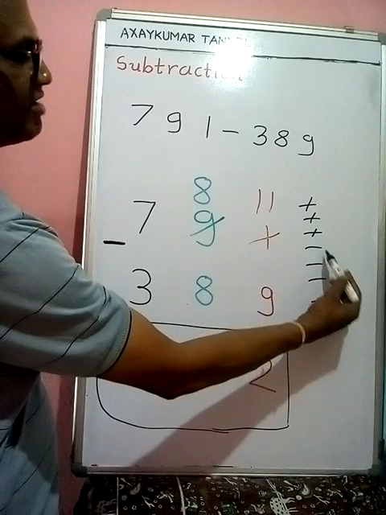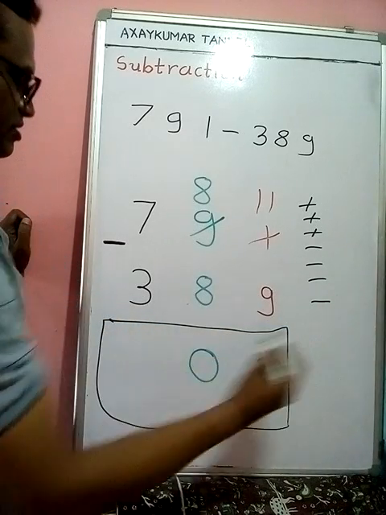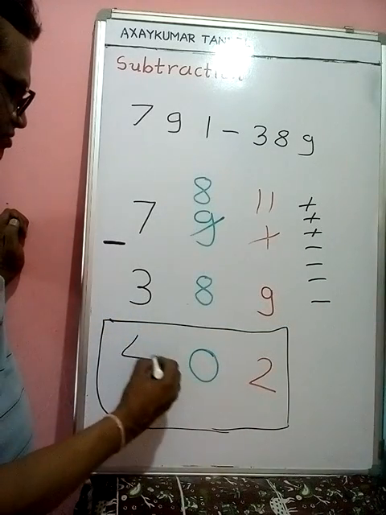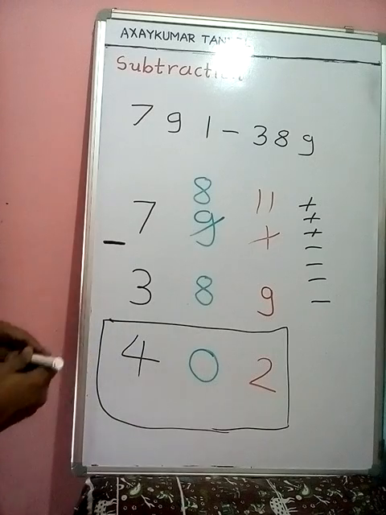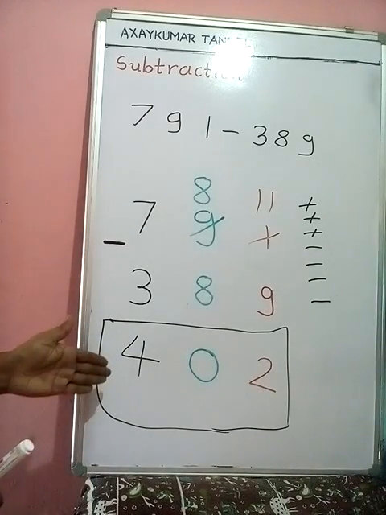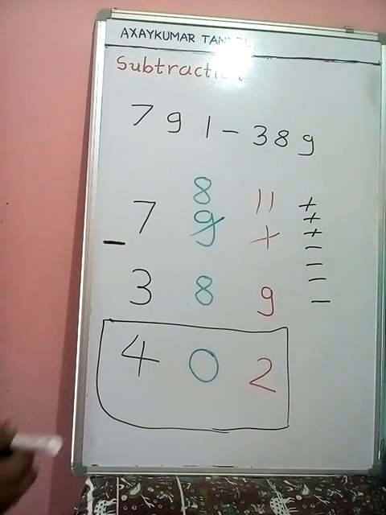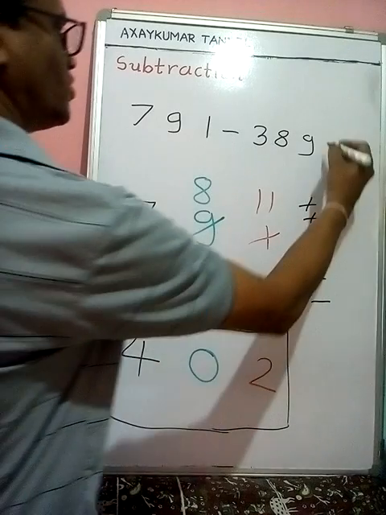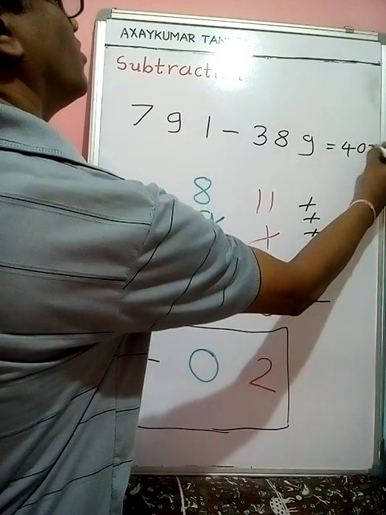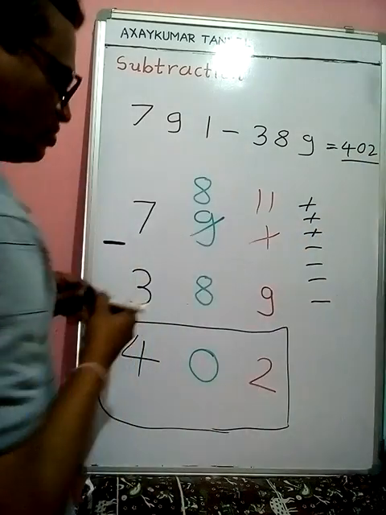How many saving? 1 2 3 4. We write 4 under hundreds column. Right? Therefore our answer is 402.